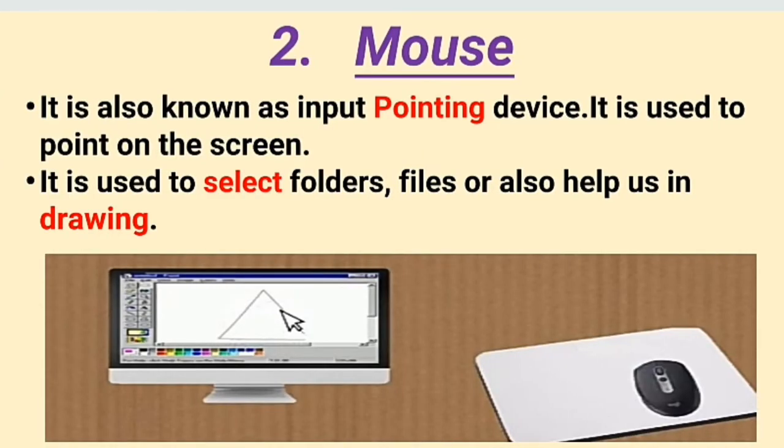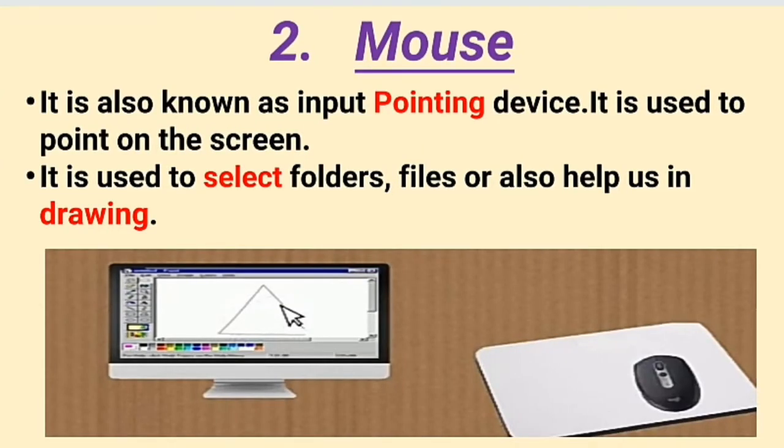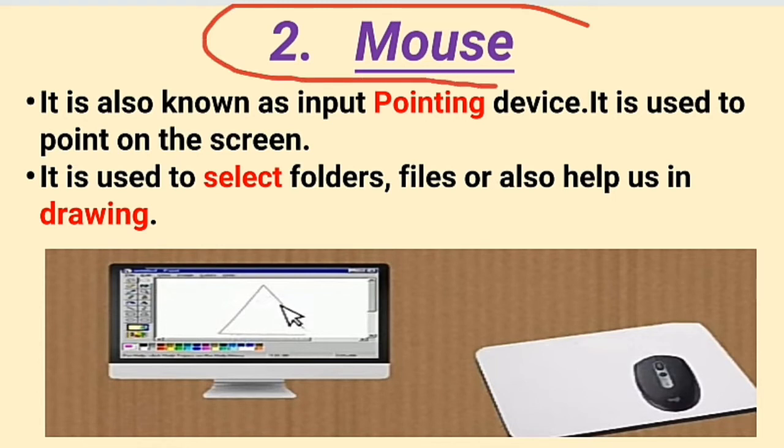Now the next input device that we are going to learn is the mouse. It is also known as a pointing device, because it is used to point on the screen.